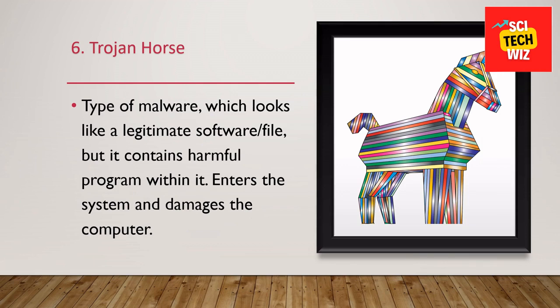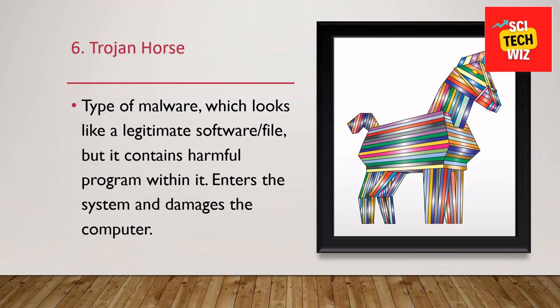Trojan Horse. It's a type of malware which looks like legitimate software or a file, but it contains a harmful program within it, enters the system and damages the computer. Whenever you see the words Trojan Horse, immediately our mind goes to Troy, the movie Troy or the Trojan War. Am I correct?